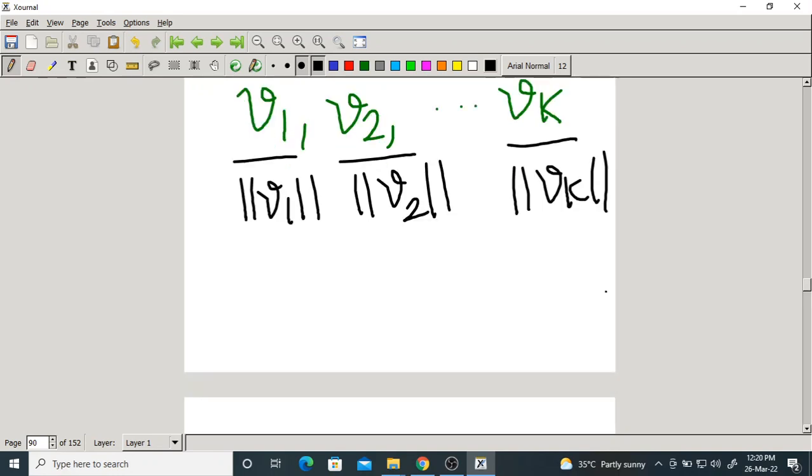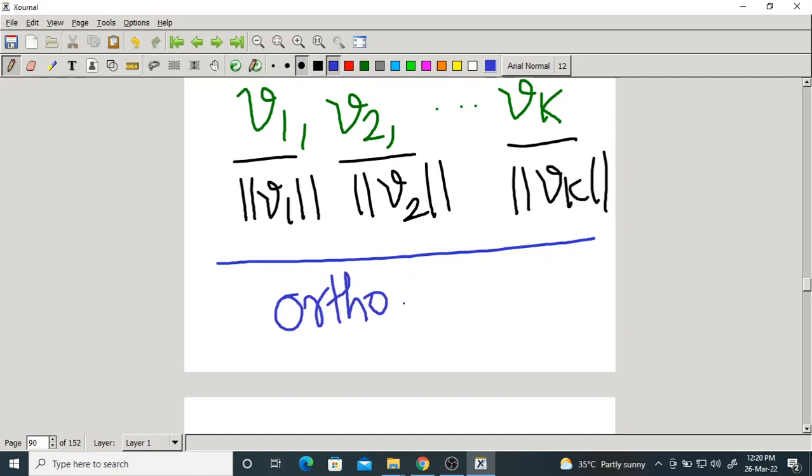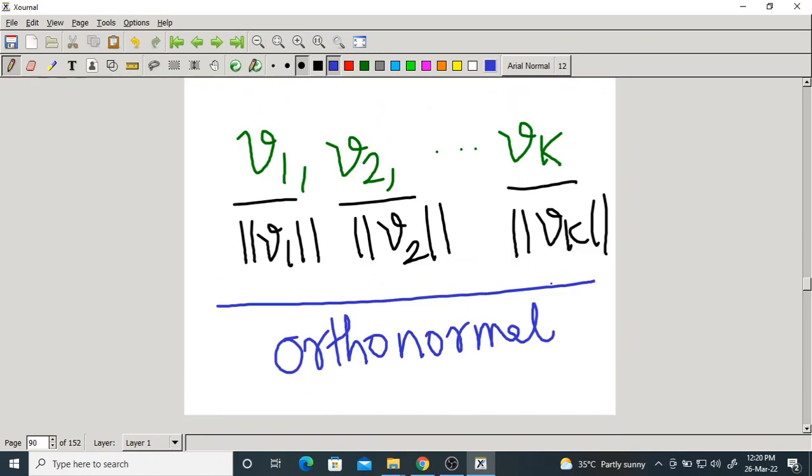Now they are orthogonal as well as unit vectors. I mean the magnitude is 1, or the energy is unity. So they are orthonormal. Which means if you have a set of orthogonal vectors, you can make them orthonormal just by dividing every vector by its magnitude.